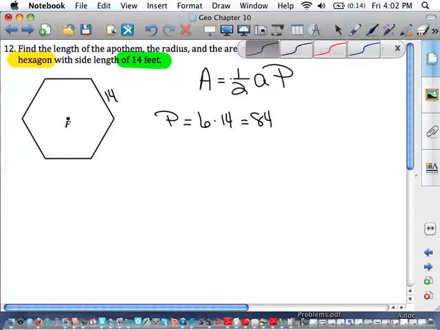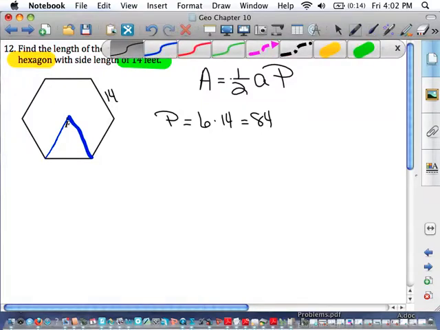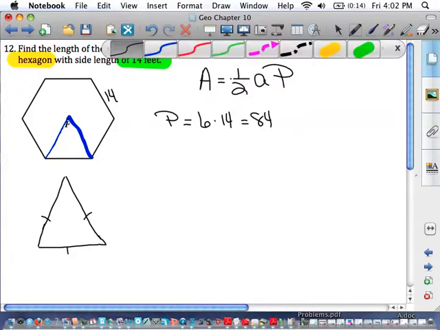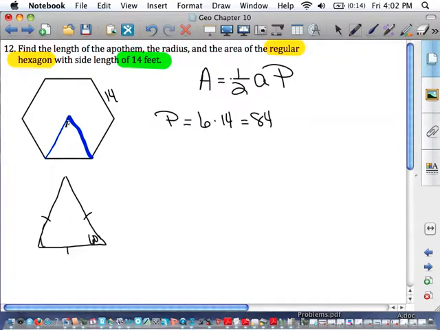Again, go ahead and construct that central angle, or that equilateral triangle. Remember, this is that equilateral triangle. Draw it a little bigger this time. All of the sides are the same, and all of the angles are again 60 degrees.